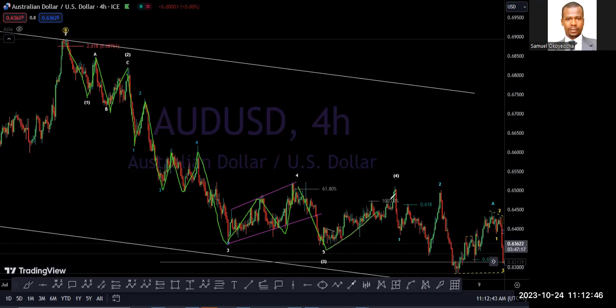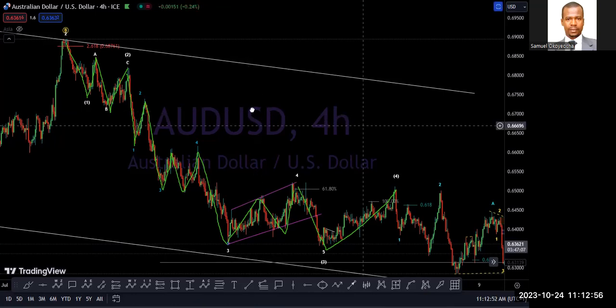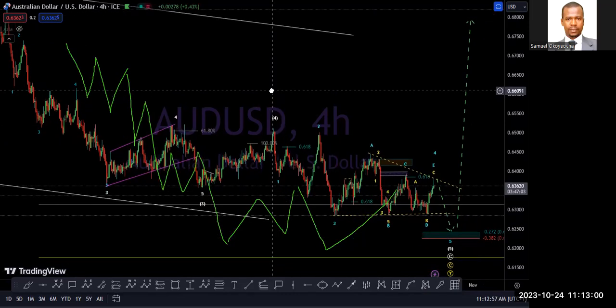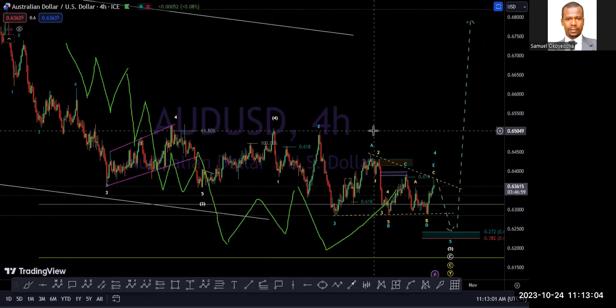Then this is wave 4. Assuming the final wave 4 is where we are now, it will likely give us some kind of headache if we are not careful.